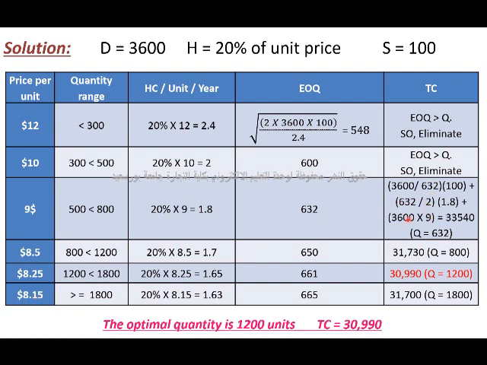This is the total cost for 9, for 8.8, and so on. The lowest total cost here is 30,990 with price 8.25 and quantity 661. This is the optimal solution.